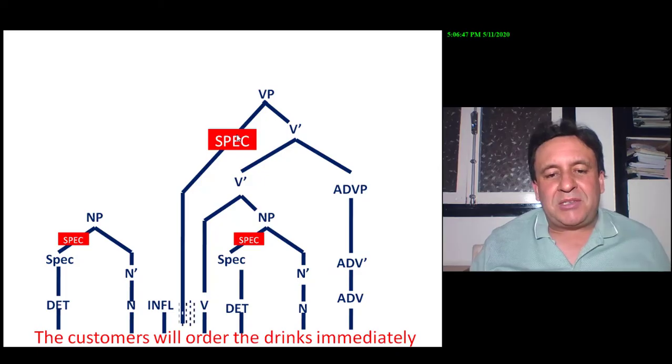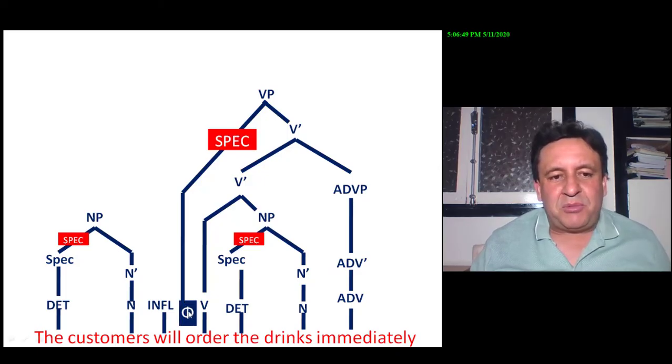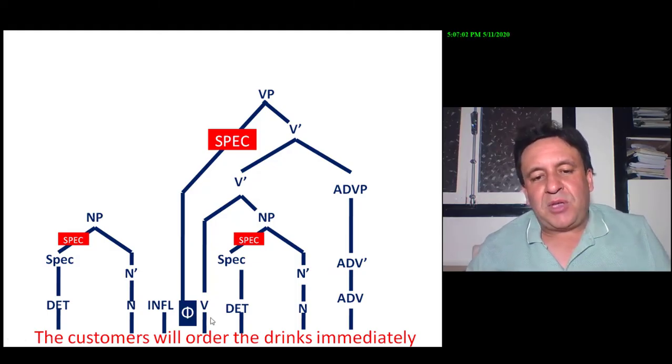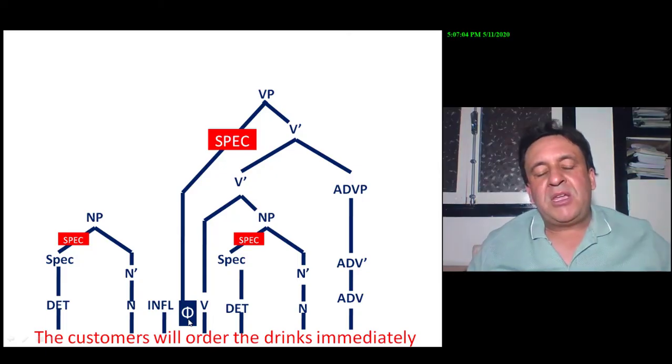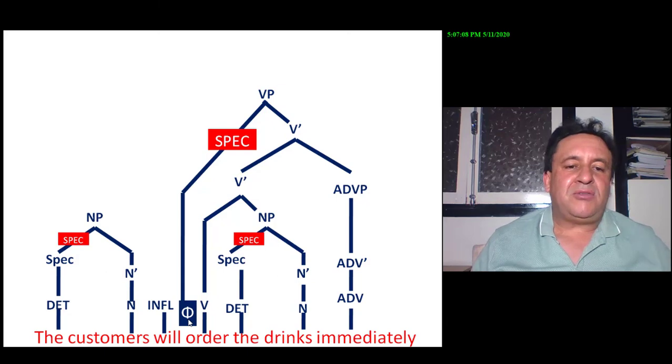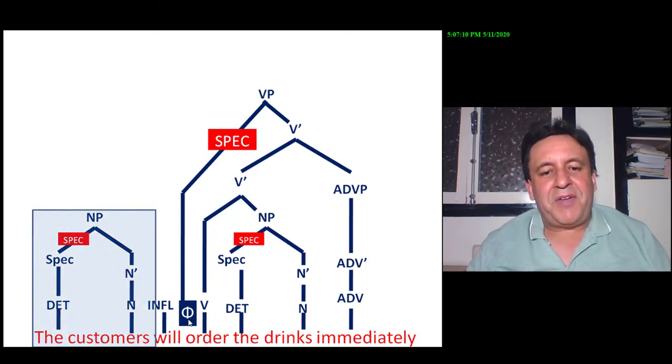But the subject must move from this position to the leftmost position of the sentence, as I explained before. I'm using this phi symbol just to indicate that something has moved from here. This is the trace of the subject position. It has moved from this position to the leftmost position in the sentence. So this is in fact the VP, the customers.